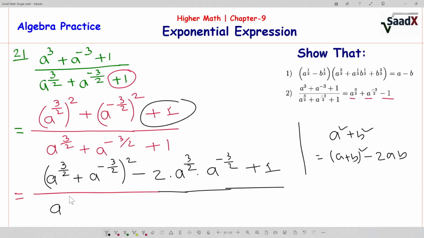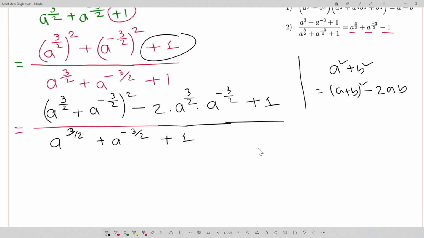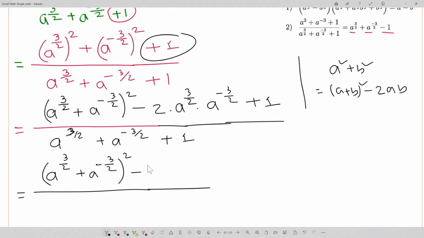And then a to the power 3 by 2 plus a to the power minus 3 by 2 and plus 1. So what next? Next is here a to the power 3 by 2 plus a to the power minus 3 by 2 whole square and minus 2 times a to the power 3 by 2 times a to the power minus 3 by 2.